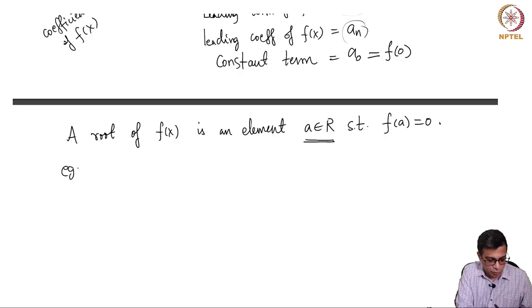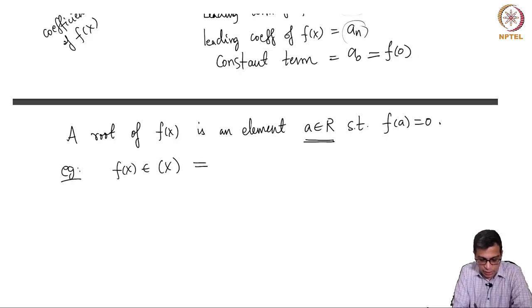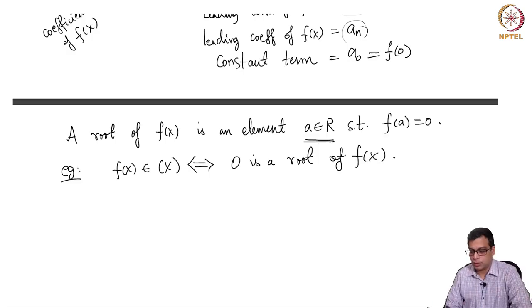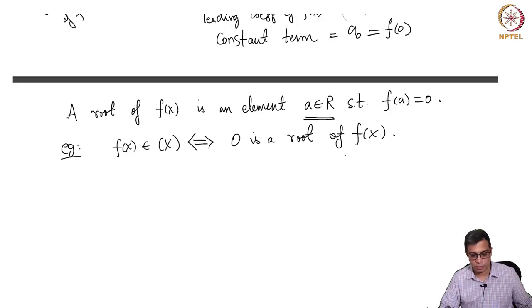For example, f(x) is in the ideal generated by x if and only if 0 is a root of f. So 0 is a root of f if and only if the polynomial f(x) is in the ideal generated by x itself.